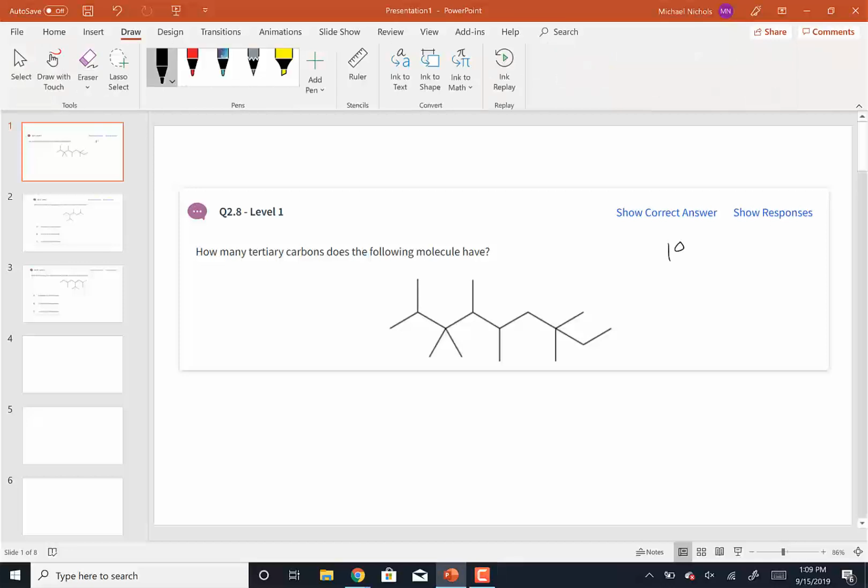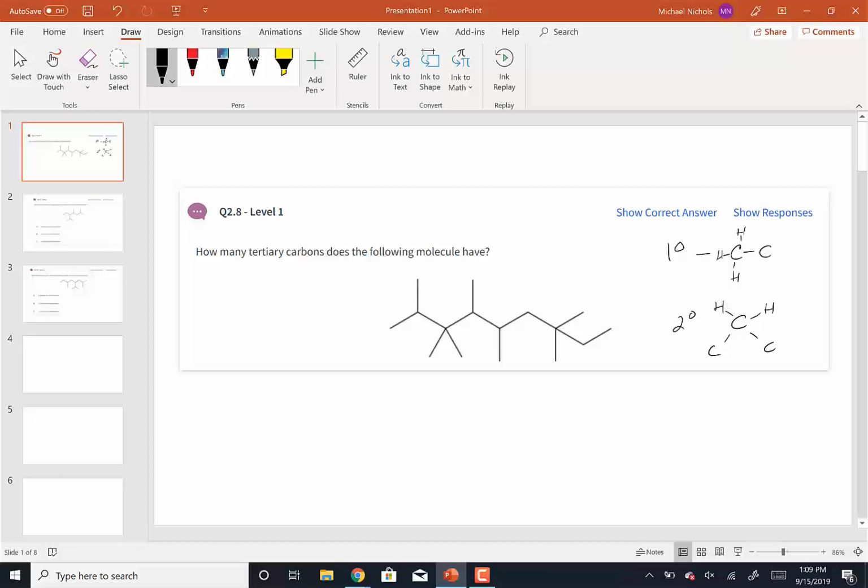So a primary carbon is going to have one carbon attached and then three other atoms, and usually those are hydrogens. So this would be a primary. A secondary is going to have a carbon with two carbons attached to it and then two other non-carbon atoms.